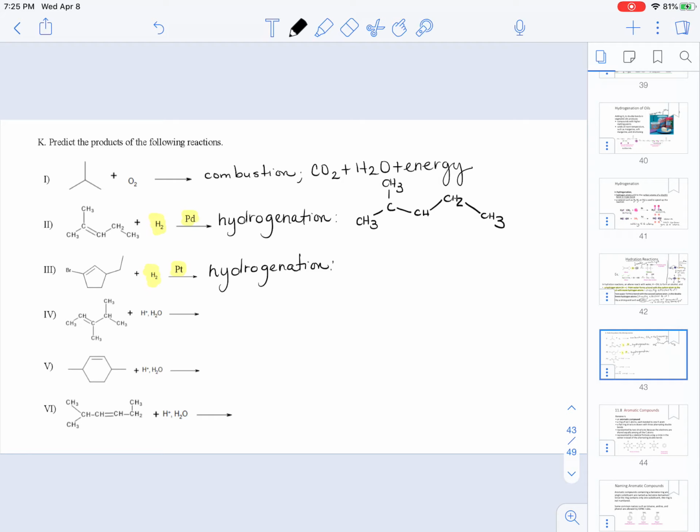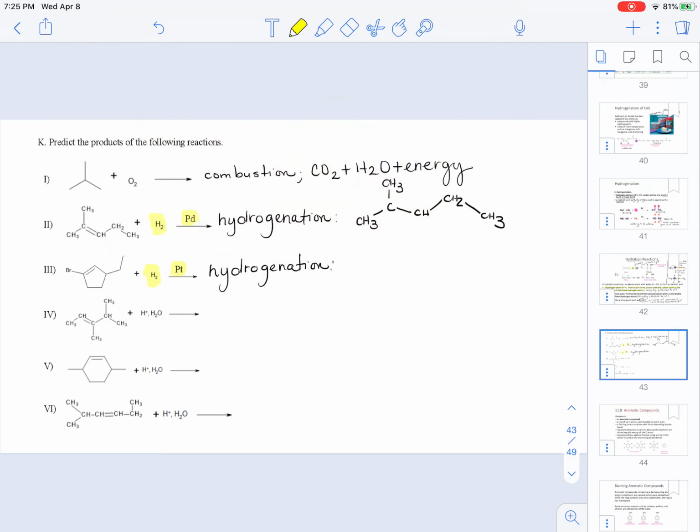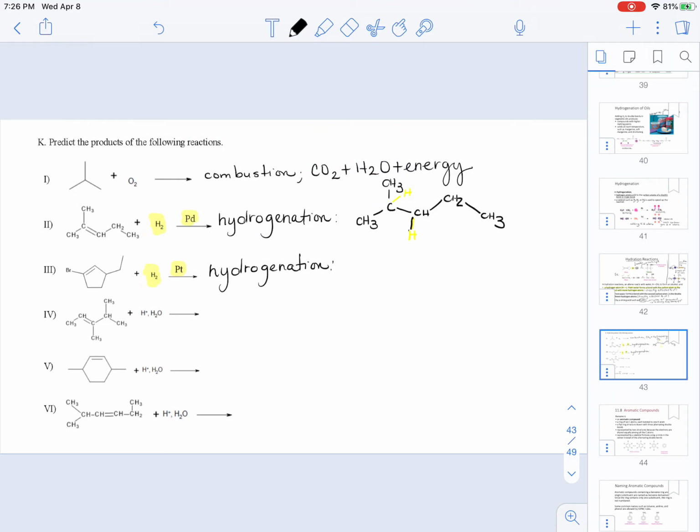Because this is a hydrogenation reaction, each carbon that used to be bonded by the double bond is now going to receive a hydrogen. It's hard to see the yellow, so I'm going to use a black pen.